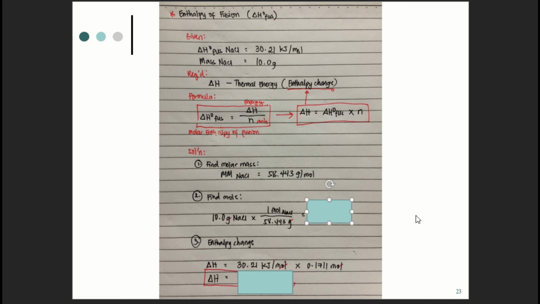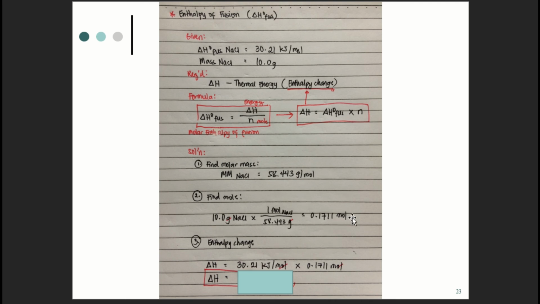So, we have 10 grams of sodium chloride times, for every 1 mole there's 58.443 grams of sodium chloride, and the mole is 0.1711 mole. This means, class, that this is the mole present in 10 grams of sodium chloride.